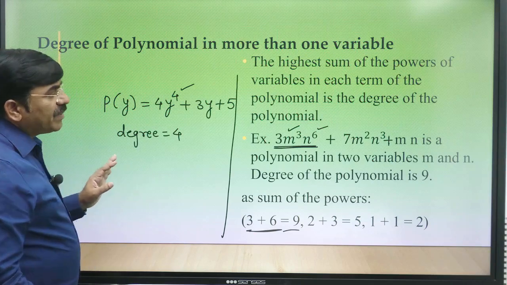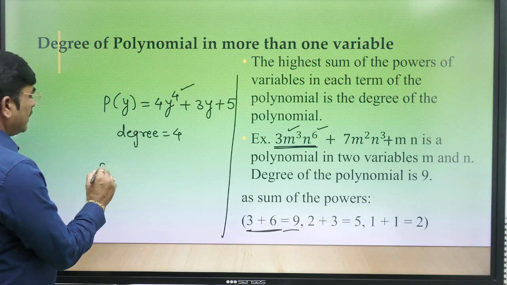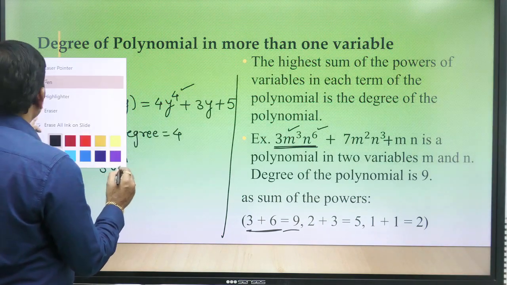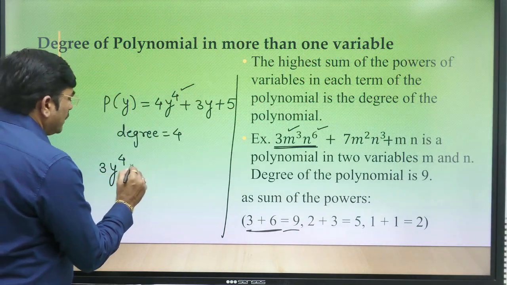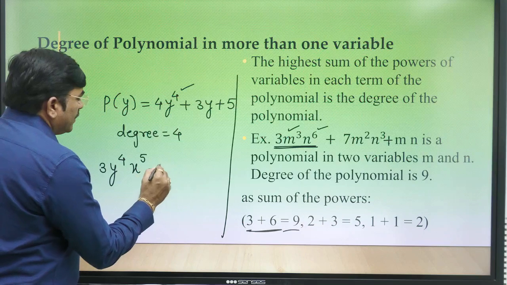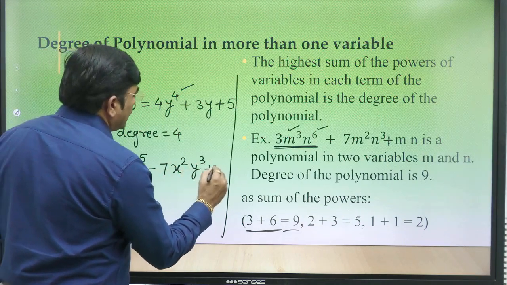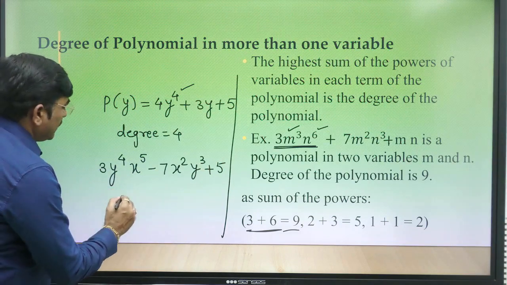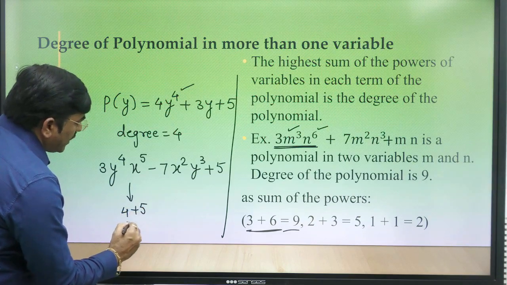But if any particular expression is given to you like this: something y raised to 4 x raised to 5 minus 7x squared y raised to 3 plus 5. So, for this expression, the total degree of the first term is 4 plus 5, it becomes 9.